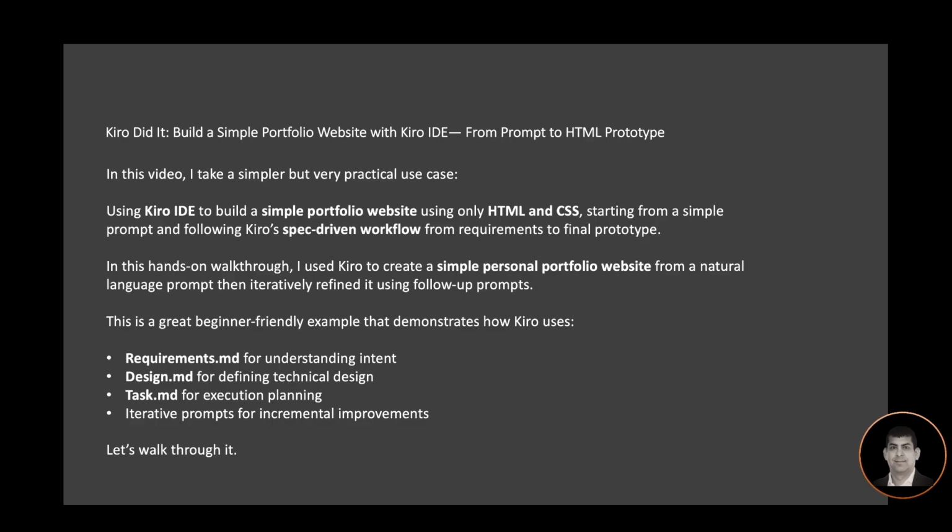In this hands-on walkthrough, I used Kiro to create a simple personal portfolio website from a natural language prompt, then iteratively refined it using follow-up prompts. This is a great beginner-friendly example that demonstrates how Kiro uses requirement for understanding intent, design for defining technical design, and then task for execution planning, and then iterative prompts for incremental improvement.